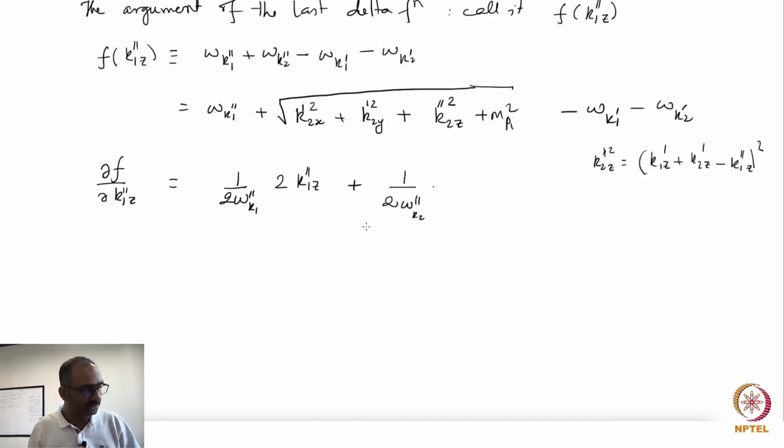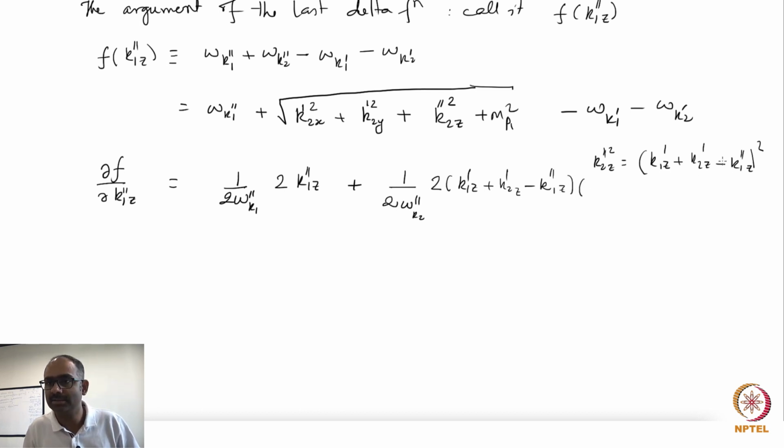And what do you get? Taking the derivative, you get 2 times k1 prime z plus k2 prime z minus k1 double prime z, and then because there is a minus sign here, you get a factor of minus 1. And what is this? It is 1 over 2.